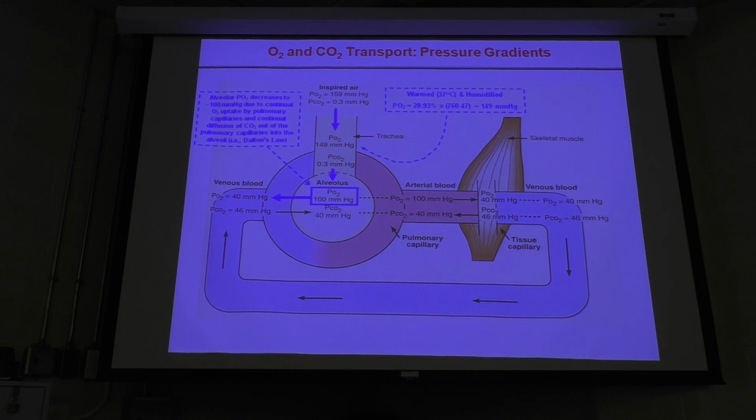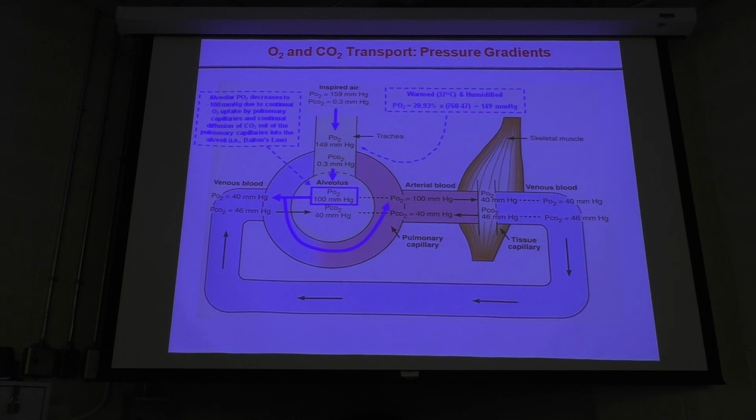And so under these circumstances, we will have diffusion of oxygen along its pressure gradient, along this pulmonary capillary, such that as it moves through the lung and becomes reoxygenated, when it leaves, in most cases, the red blood cell spends enough time in the pulmonary capillaries to achieve full equilibration between the alveolar partial pressure of oxygen and arterial partial pressure of oxygen.